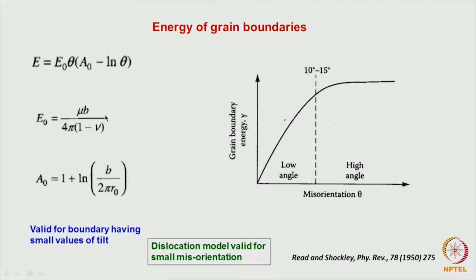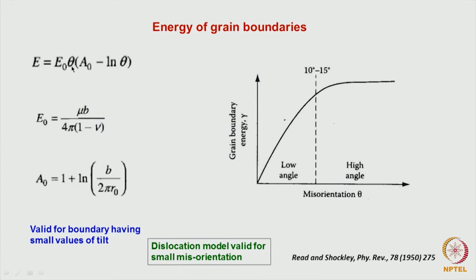Here it's assumed to be an infinite material having a modulus mu and Poisson's ratio nu, and r0 is the core of the dislocation. This is the way the energy varies, the final formula which we get.